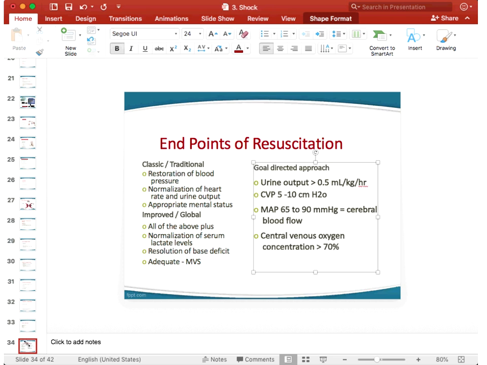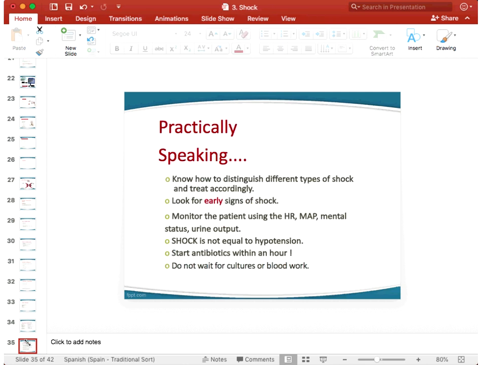From there, these are your initial measures that you have to work with, and you have to do whatever it takes to get these measures. So the recommendation is to look for early signs of shock, and you get this by your timeline of events.